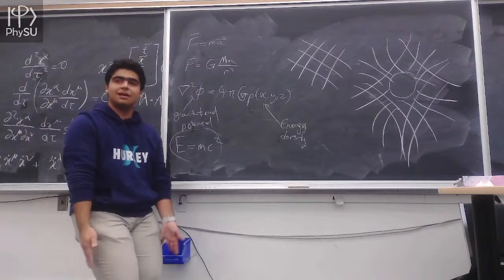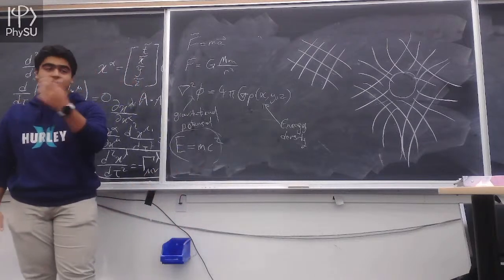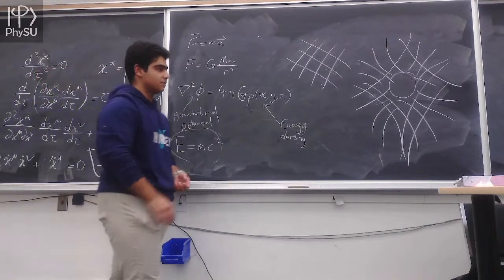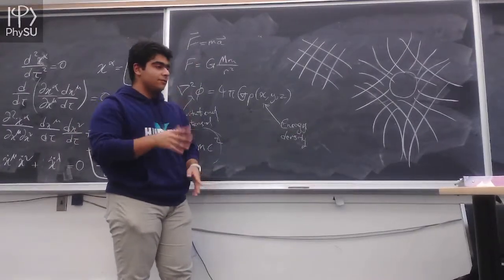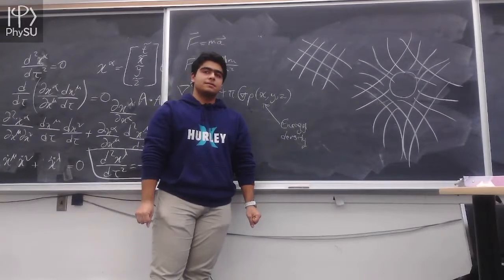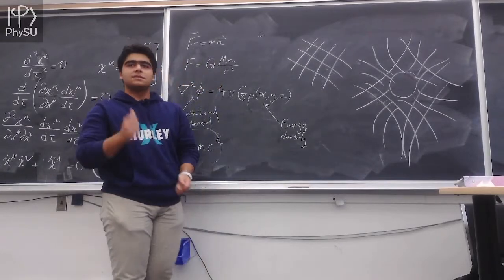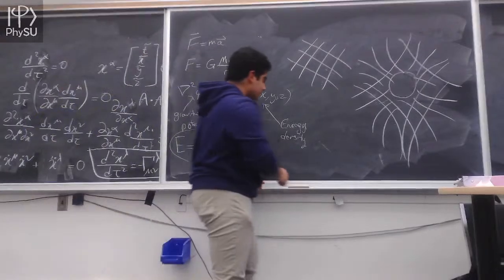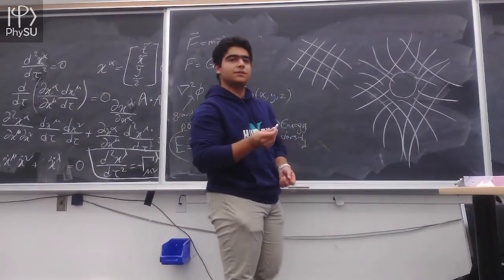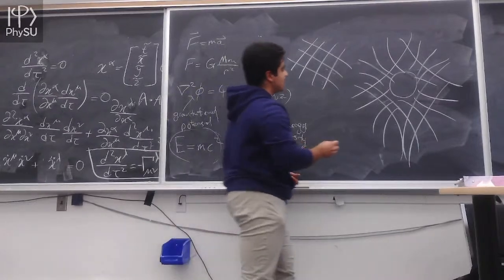When you accelerate downwards with an acceleration of 9.81 meters per second squared, you say force of gravity. But if you don't feel your own weight, does that mean you're not experiencing gravity? And the answer is that that's not what you should think about when you think gravity. Gravity is just an effect.